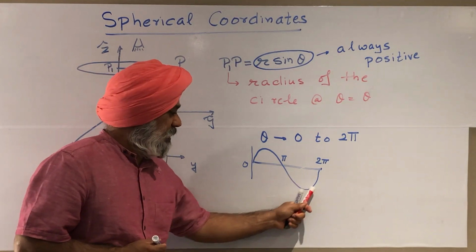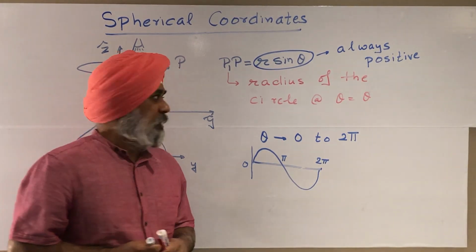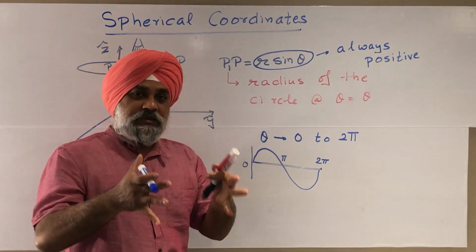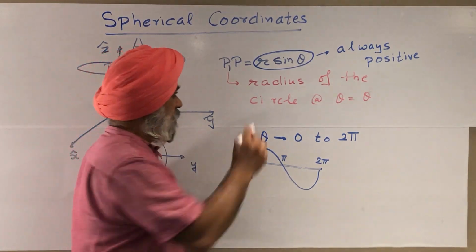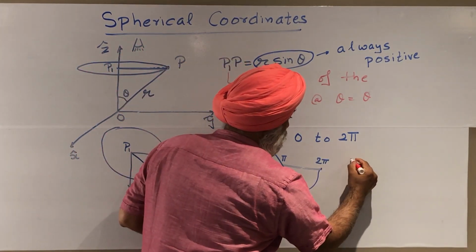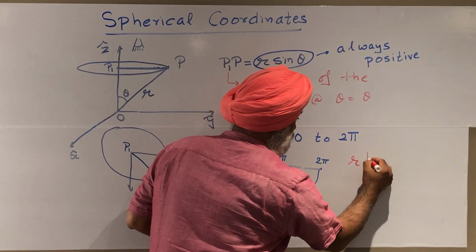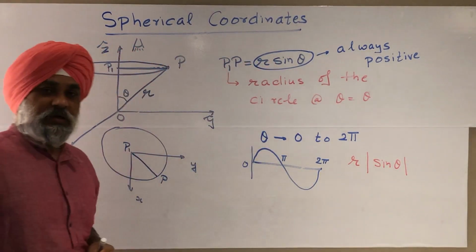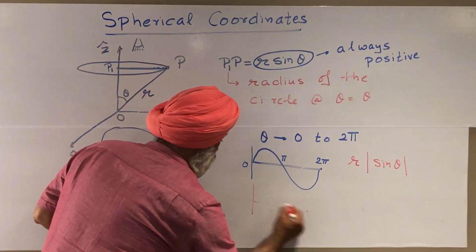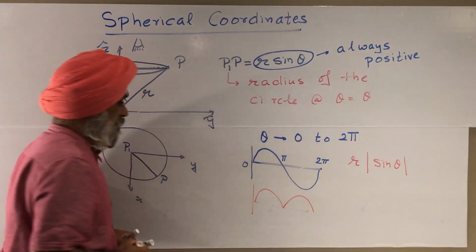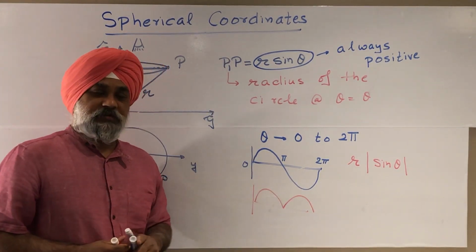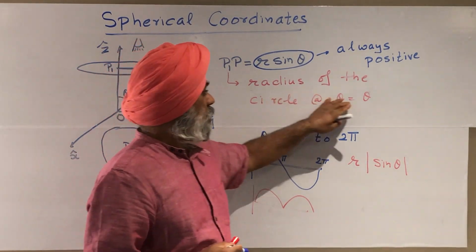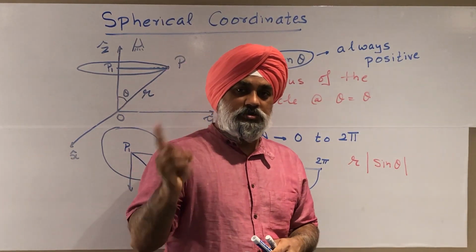Sine theta is becoming negative from pi to 2 pi, and if I want to use this limit, this is a physical distance, it has to be always positive. I will have to change that function not to r sine theta but to r modulus of sine theta, such that the function always remains positive when I take the modulus of this function. I'll have to use r modulus of sine theta when I go theta is equal to 0 to 2 pi.